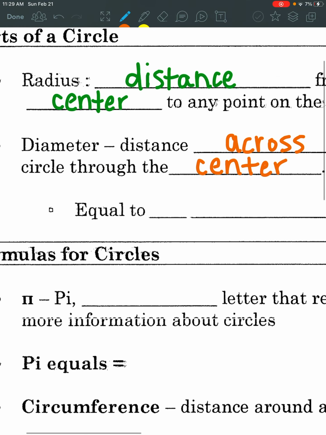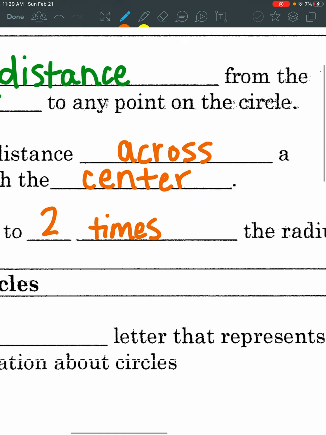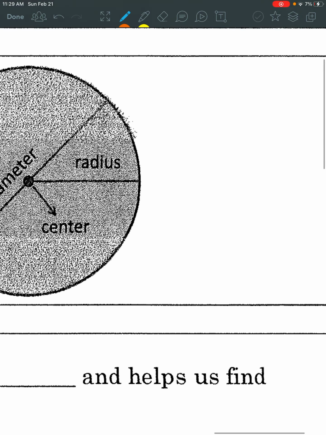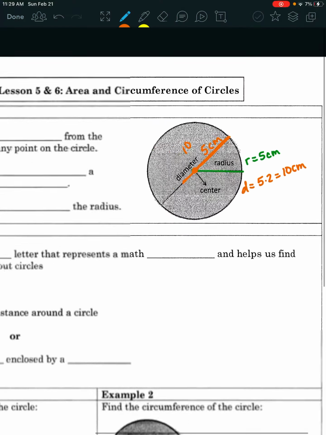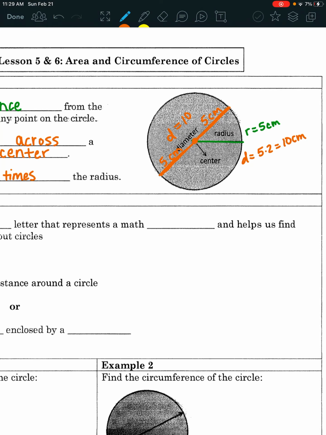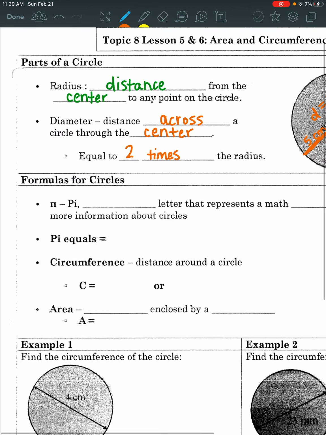So the diameter is equal to 2 times the radius. So if we know the radius is 5, well then 5 times 2, then we know the diameter is 10 centimeters. Okay, and you can use that relationship for no matter what the radius is, 2 times that is going to equal the diameter. So let's talk about the formulas.